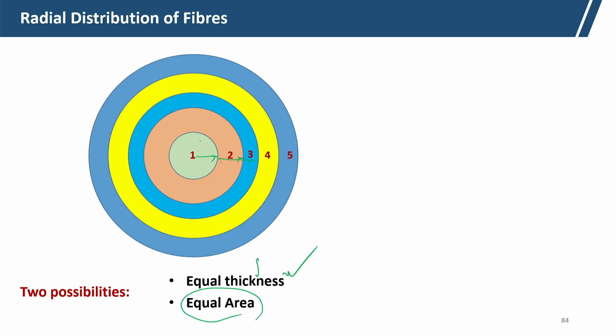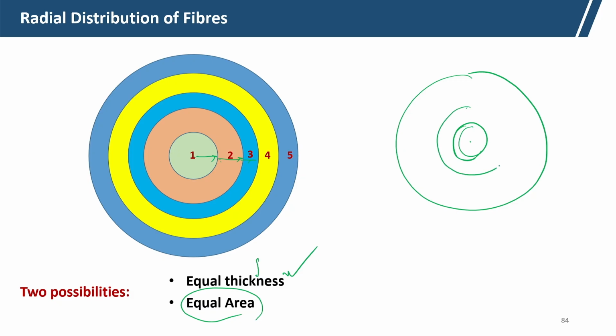Same thickness means this is the cross section of the yarn, and the thickness will be equal, d, the diameter, again d, again d. So, same thickness is one approach.